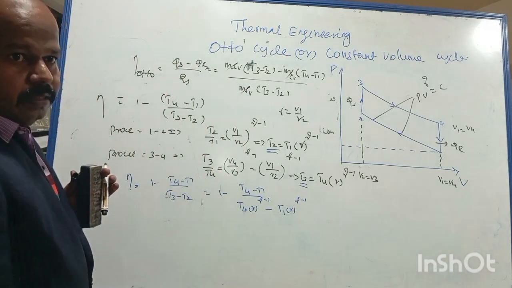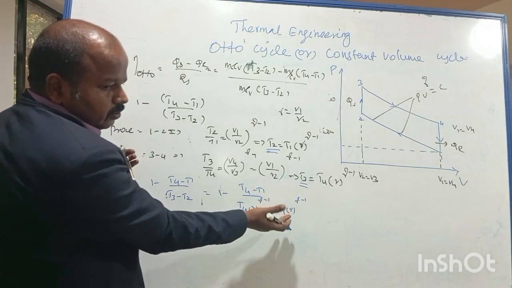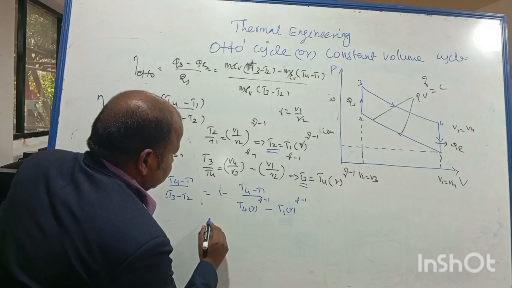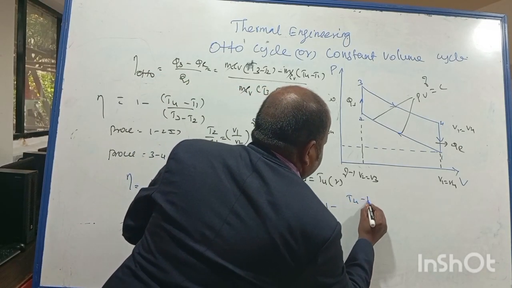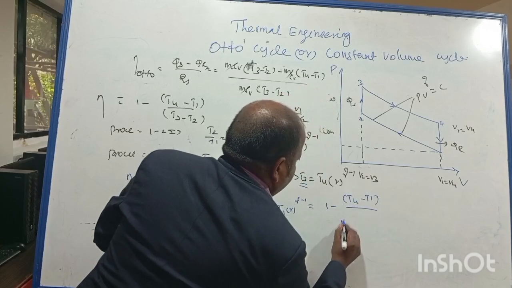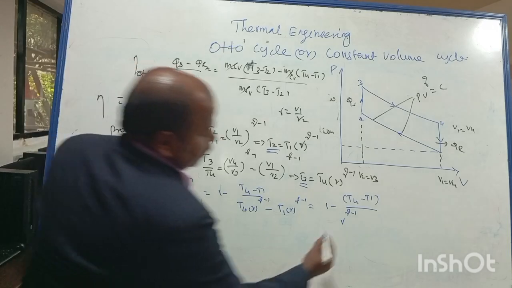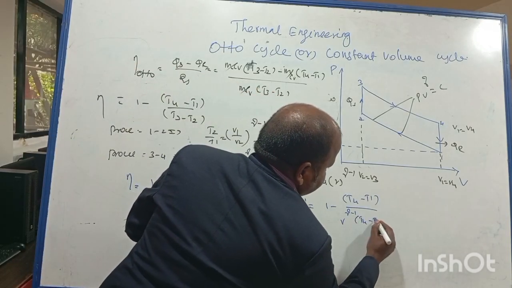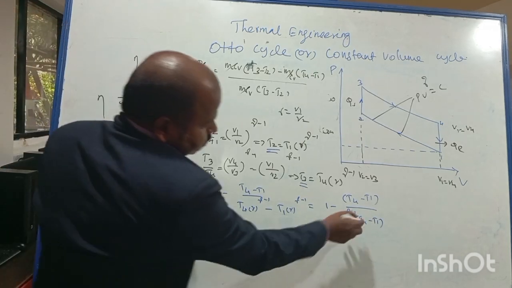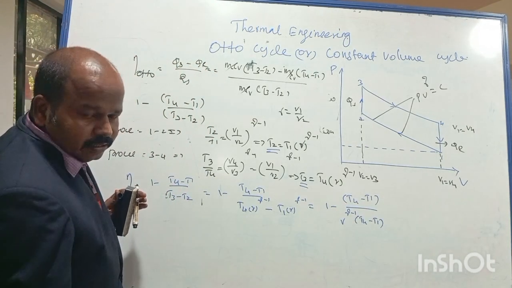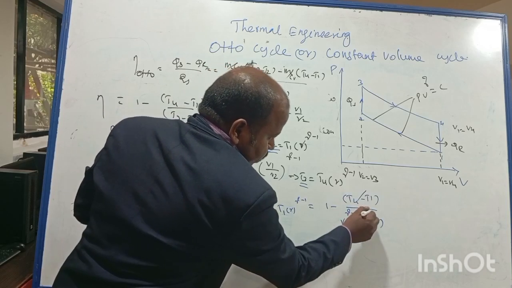Now look at this term. Here r to the power gamma minus 1 is common in both, so I am going to take it outside. That is 1 minus T4 minus T1 divided by r to the power gamma minus 1. If I take out r to the power gamma minus 1, the remaining term is T4 minus T1. Now look at those two terms, T4 minus T1 in the numerator and denominator also we have T4 minus T1, so I am going to cancel those two terms.